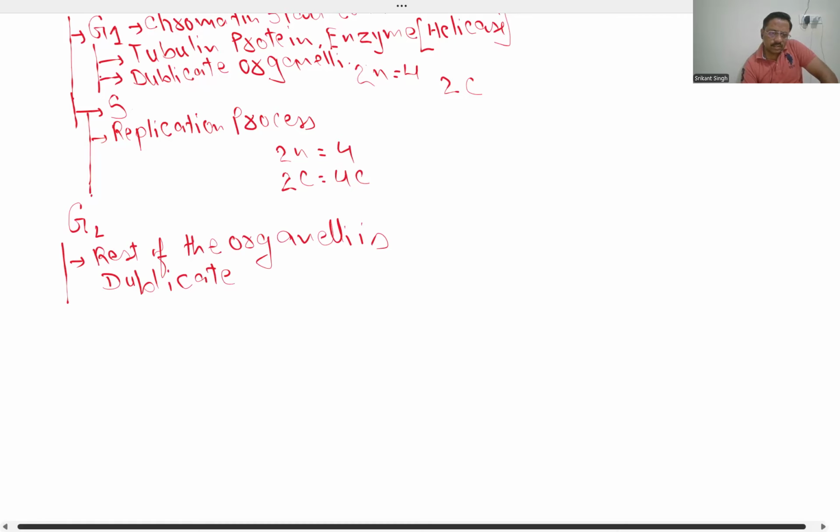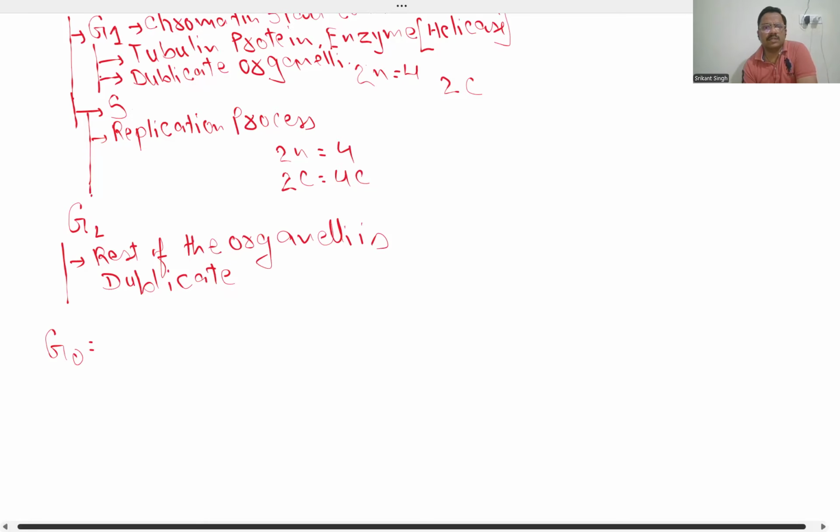And one is G0 phase. G0 phase is the quiescent phase. It is the resting phase. In this phase, when the cell is damaged and not capable of dividing, then before entering the G1 phase, the cell goes to the G0 phase for repair, and then comes back to enter the G1 phase for the division.